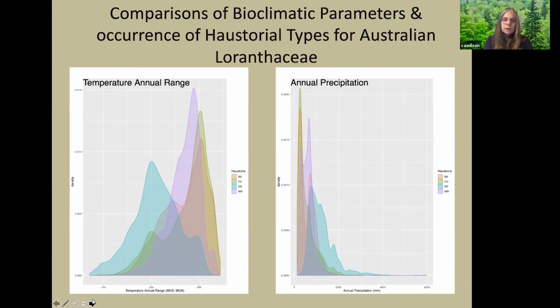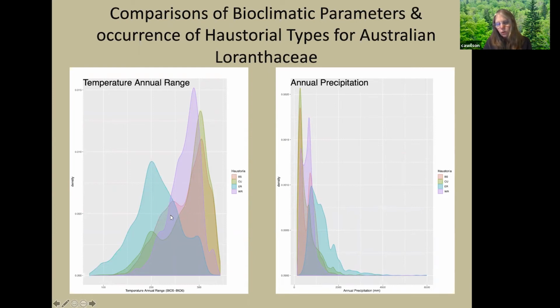And in fact, if you look, this is looking at bark strands, clasping unions, the epicortical roots, and wood roses. And of course, the mistletoes that we're talking about tonight are ones with bark strands. And you can see that the mistletoes with bark strands have a fairly large range in terms of their annual temperature.